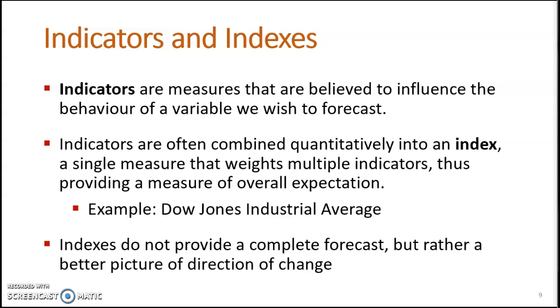For example, financial analysts use the Dow Jones Industrial Average as an index of general stock market performance. Indexes do not provide a complete forecast. However, they give us a better picture of the direction of change. Therefore, they play an important role in judgmental forecasting.